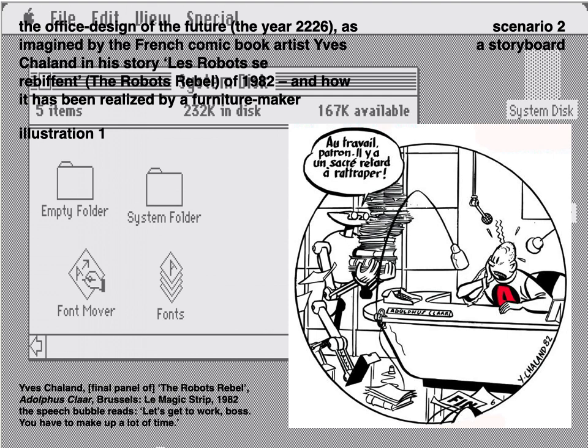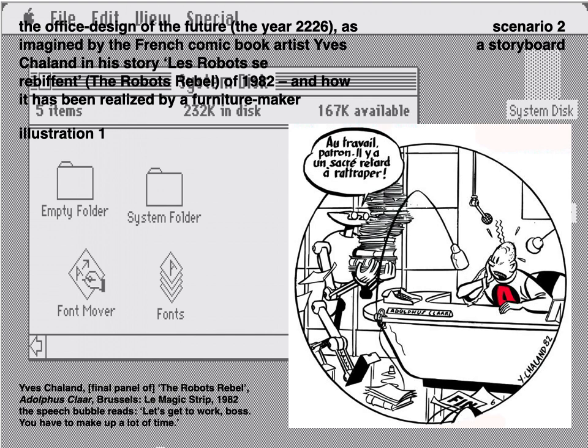So here's a second scenario, a storyboard for an office design of the future, somewhat whimsical. It's imagined originally by the French comic book artist Yves Chalon in his story Les Robots c'est Rebif, The Robots Rebel, from 1982.